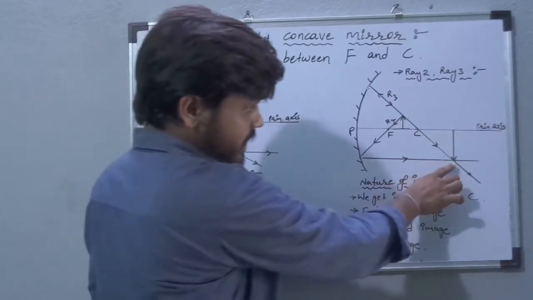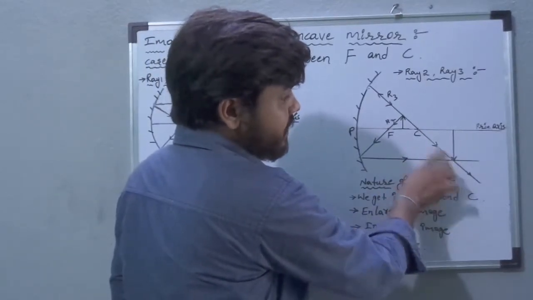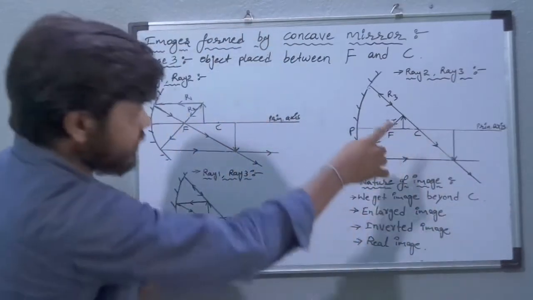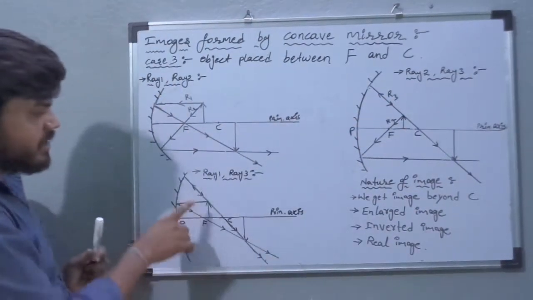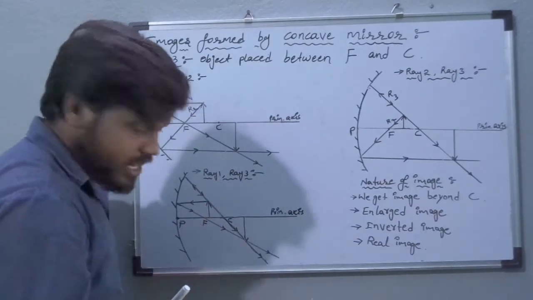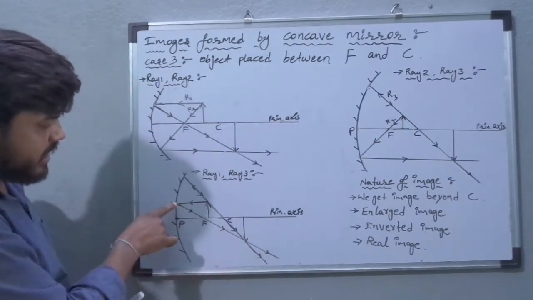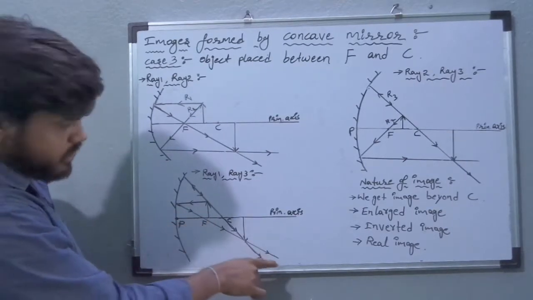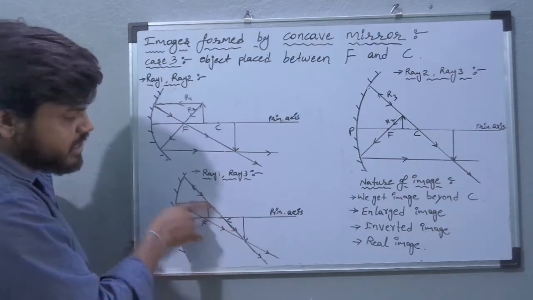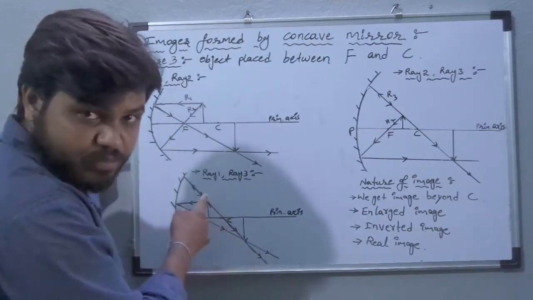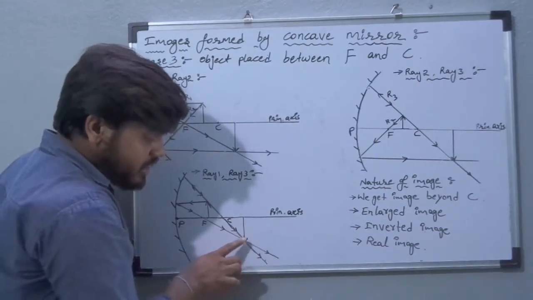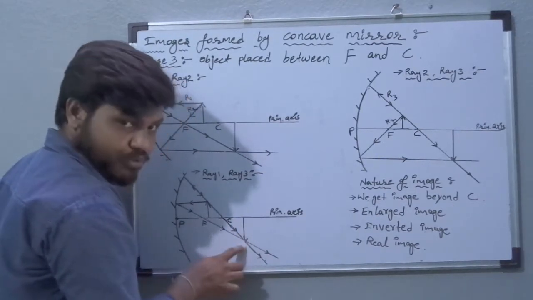So here also we got the intersection point behind C. Same nature we got. In the same way I did another diagram with ray 1 and ray 3. The incident ray is parallel to the principal axis and passes through the focus. And ray 3 means the incident ray is passing through the center of curvature and the reflected ray also passes in the same line, in the opposite direction, right? So here also we got an intersection point behind C only.